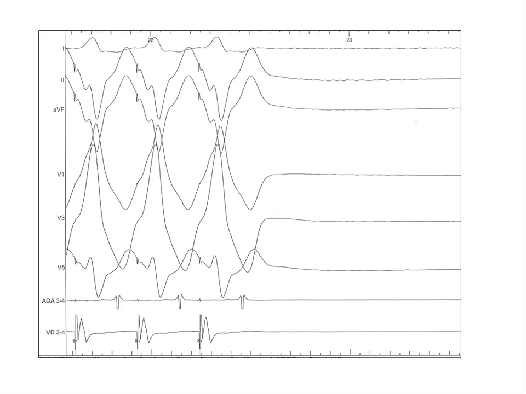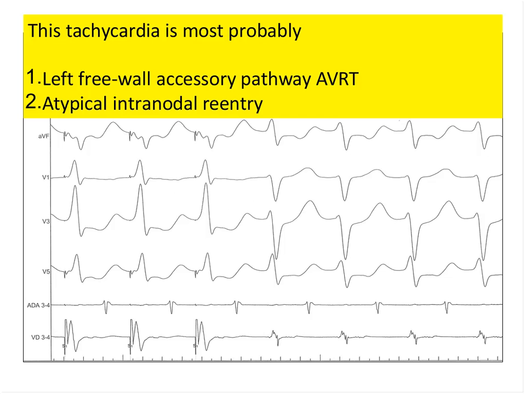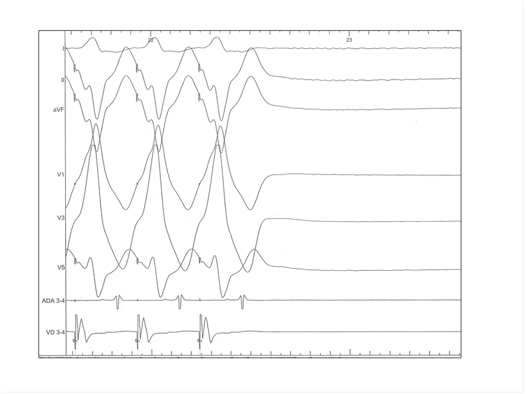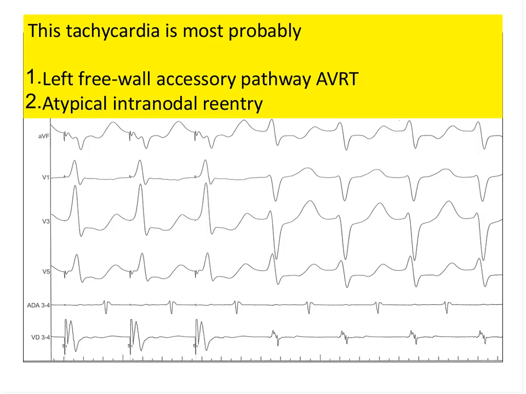This is the morphology resultant from stimulation in the absence of tachycardia, and this is stimulation in the presence of tachycardia. You can compare the two of them, and now you should be able to vote only 2 answers for this question: left free wall accessory pathway mediated tachycardia or atypical AV nodal reentrant tachycardia. What do you think is the most likely answer?